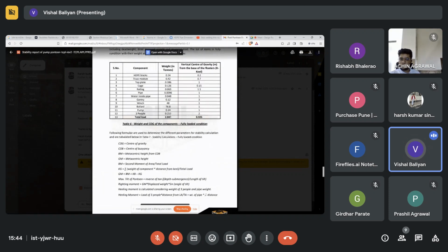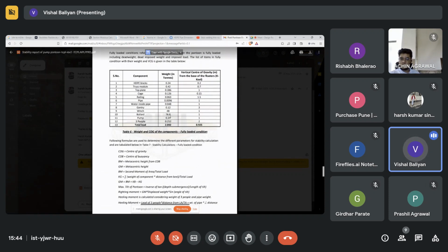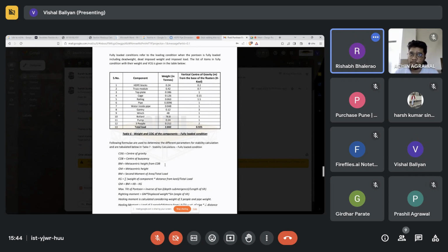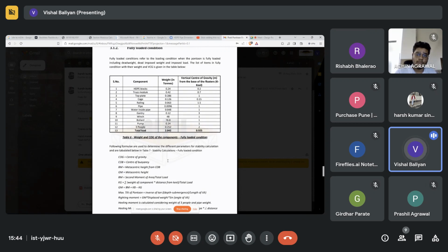It is basically calculated with the GM value, the metacentric height, multiplied by the displaced weight, right? In the displaced weight, we should not take the weight of the three people. In this displacement the weight of the people would be there, because it is helping in lightening the pontoon.